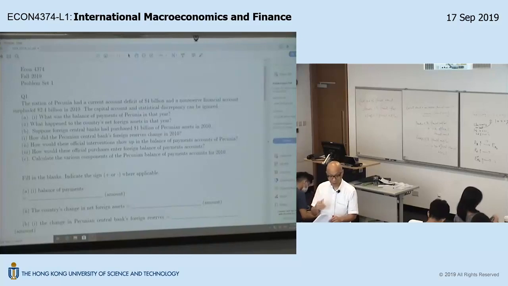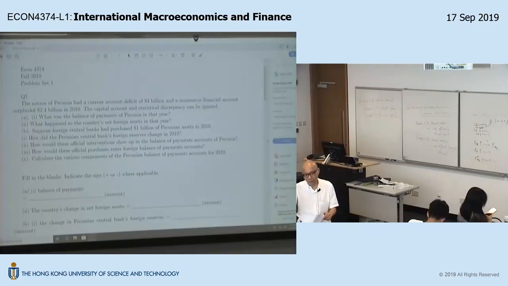Actually, there is an exchange rate. In fact, you can evaluate the euro value of these foreign exchange turnovers before 1999.